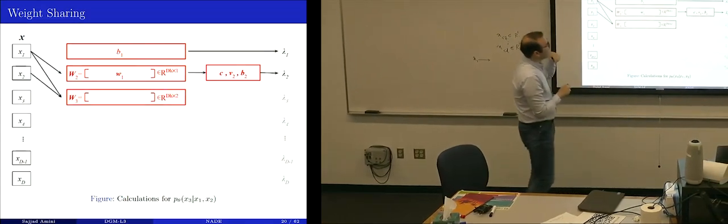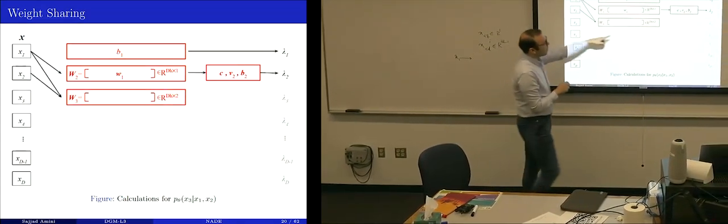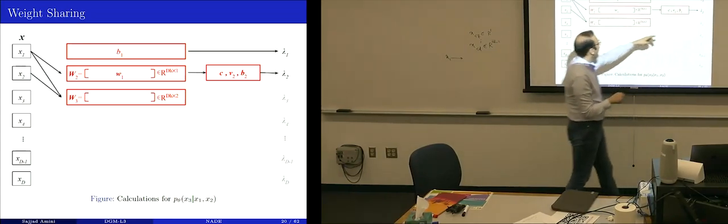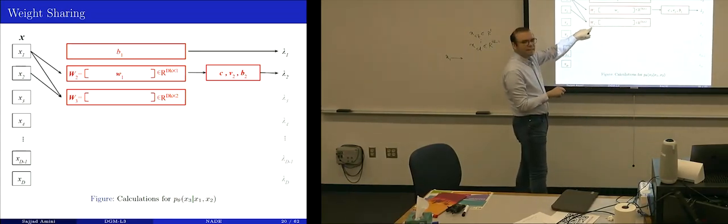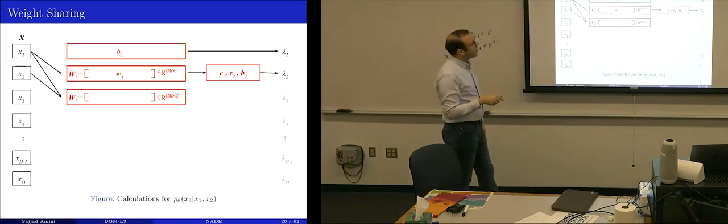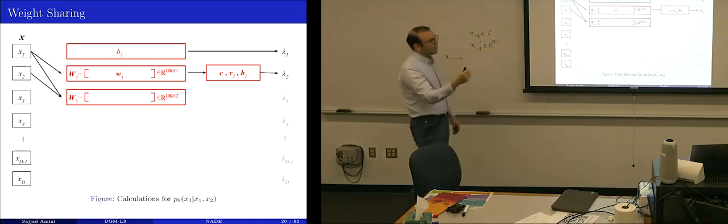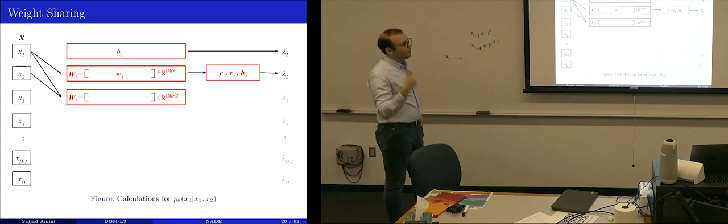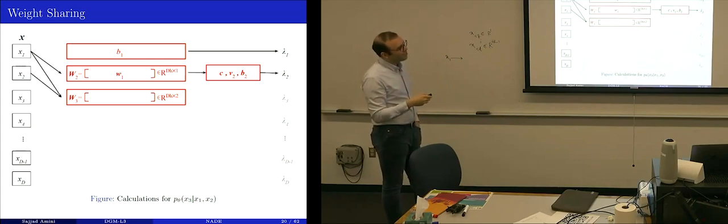For the next one, assume that I want to calculate lambda 3. How many columns does this matrix have? Exactly. It has 2 columns. I can generate totally different 2 columns for this matrix. But for the purpose of more generalizability, we can share parameters here.